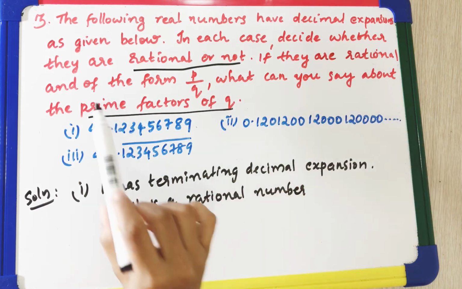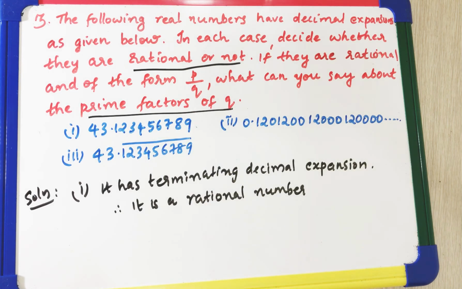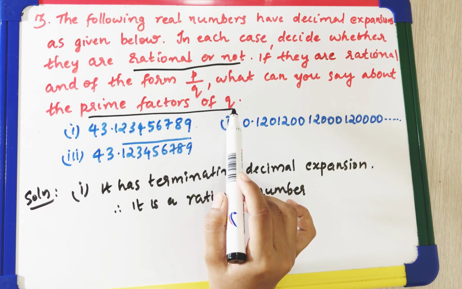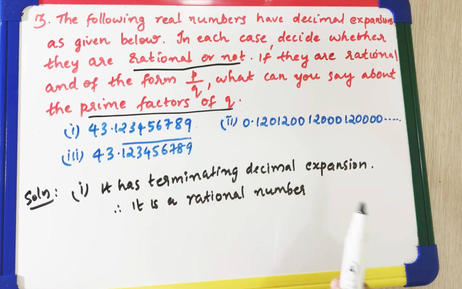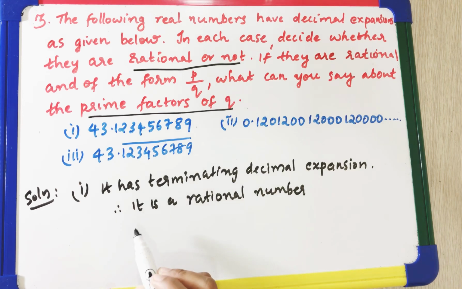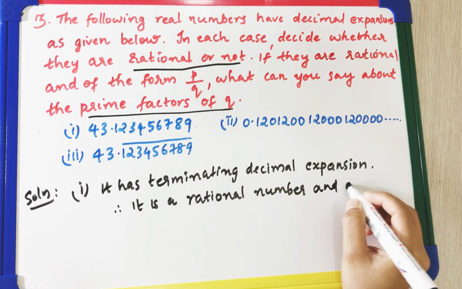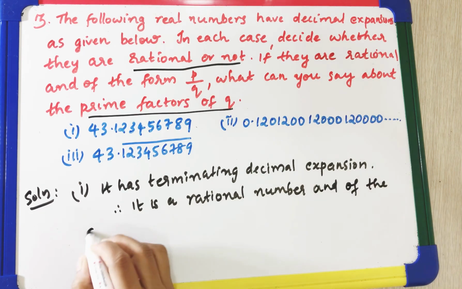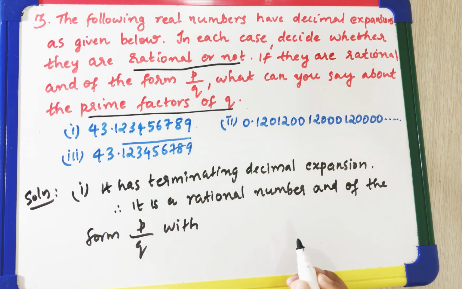If they are rational and of the form p by q, what can you say about the prime factors of q? Since it has a terminating decimal expansion, we can say that the denominator, or q, has the prime factorization of the form 2 raised to n into 5 raised to m.